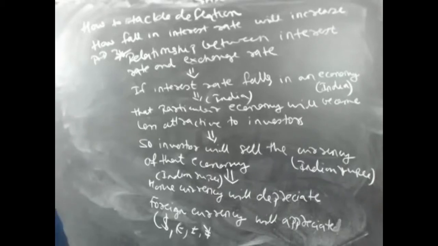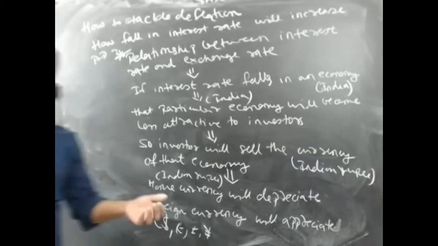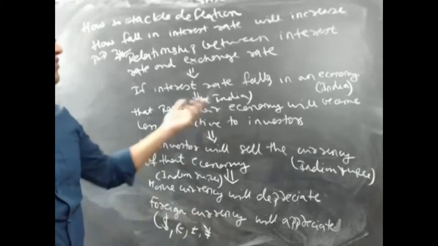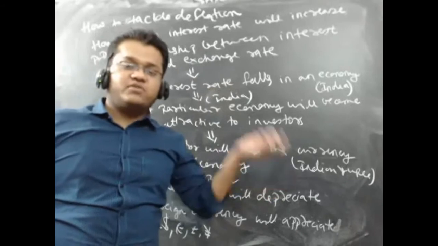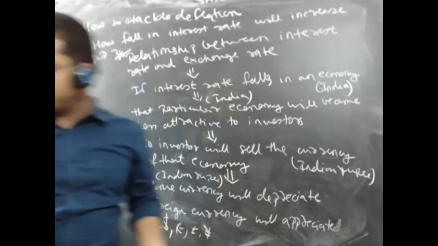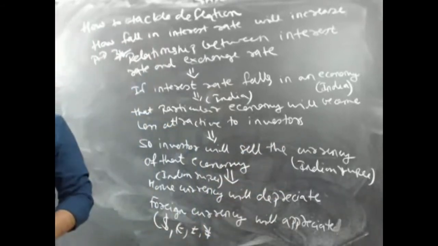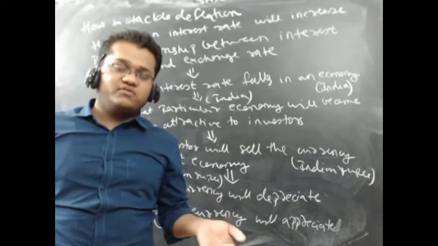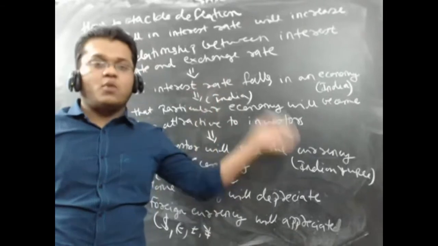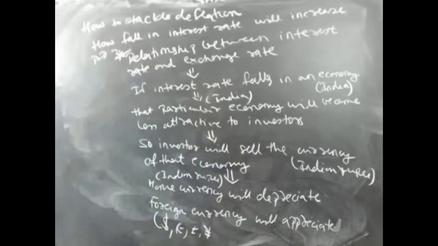See, we have discussed relationship between interest rate and aggregate demand. We have seen relationship between interest rate and exchange rate. We have seen relationship between exchange rate and export and import. Apart from that, yesterday we have discussed what is inflation, impact of inflation, and components of interest rate. Don't worry about the upcoming topics. Till now, is there anything for which you feel that your note is incomplete?